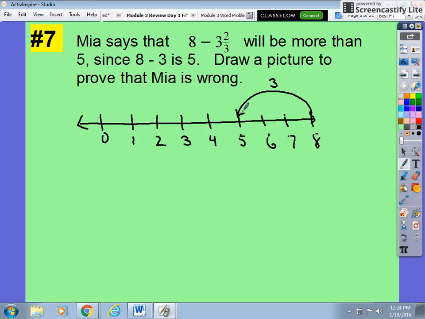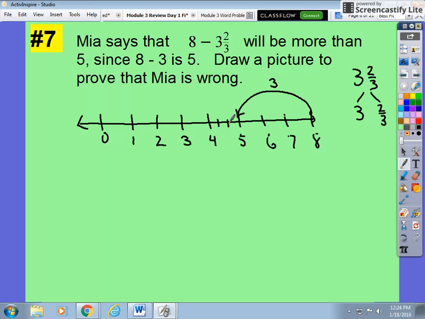So now I still need to jump 2/3, because remember, I am decomposing 8 and 2/3 into 2 parts. First I subtracted my 3, and then I need to subtract my 2/3. So if I start at 5 and I go in the subtraction direction, which is to the left, I know that I need to divide this whole into thirds.